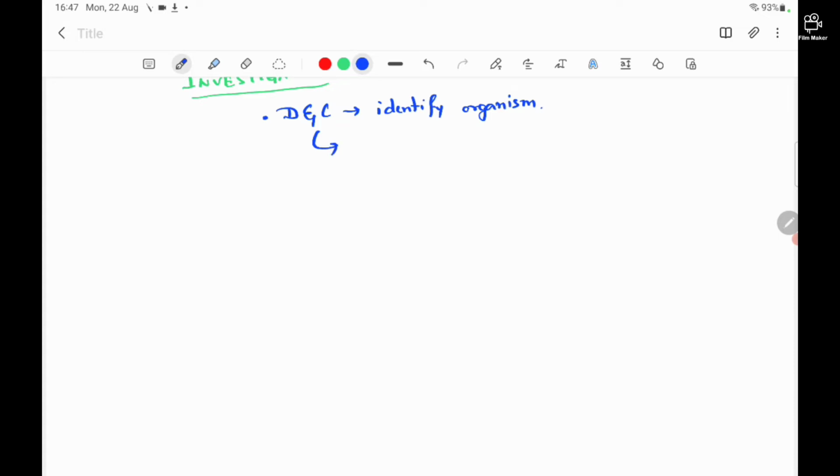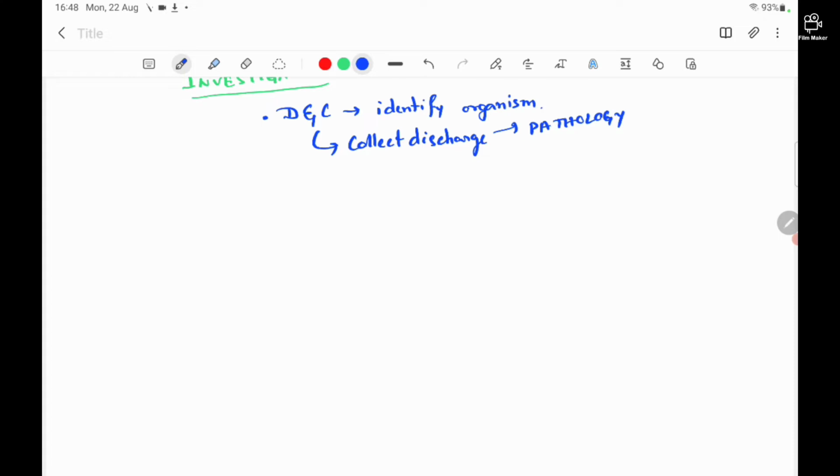Here, basically, you take this vaginal dilator, you dilate it and collect the discharge in a collecting base, and you send this for pathology.